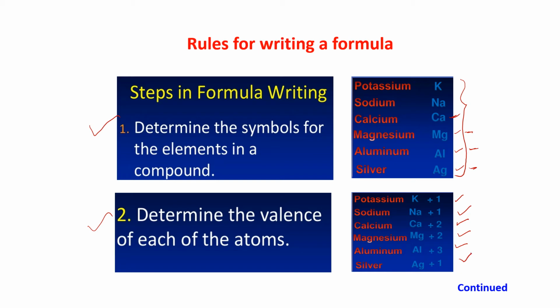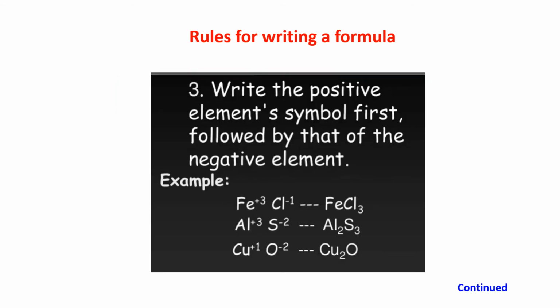Okay, let us see what is given in the third step. Third step, write the positive elements symbol first. This is very important. You have noticed that I have written first in the left hand side the positive one and the negative one in the right hand side.